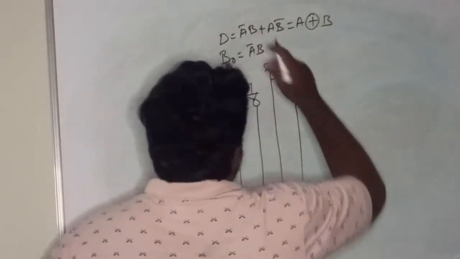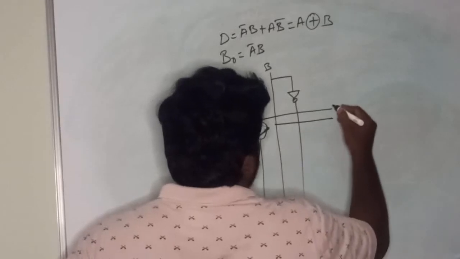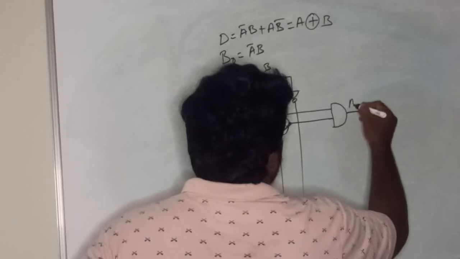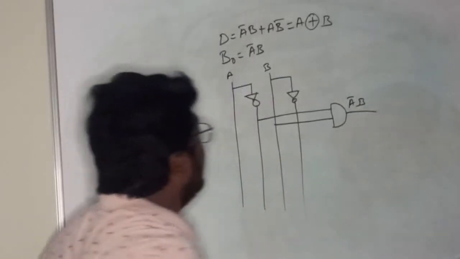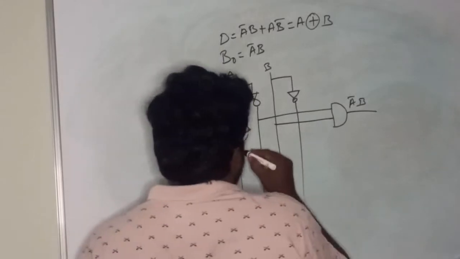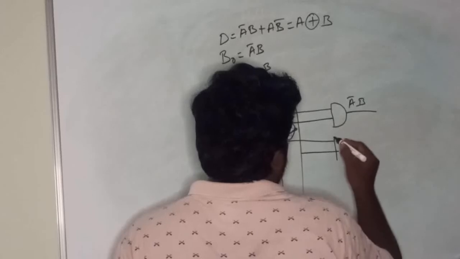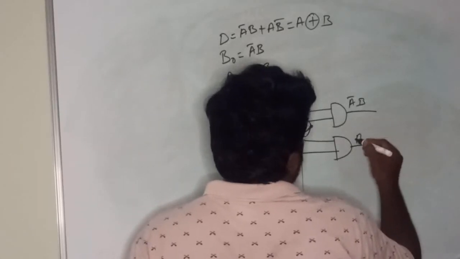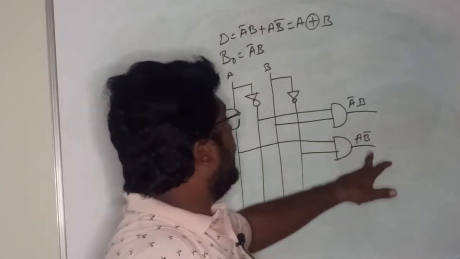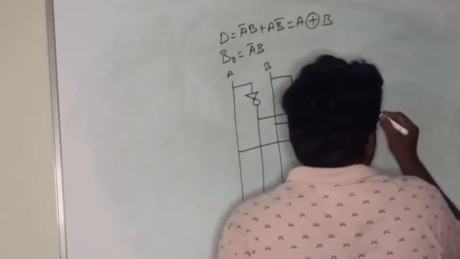The first one is A complement B, an AND operation. The next one is A and B complement. These A complement B and A B complement are combined with an OR operation, right?